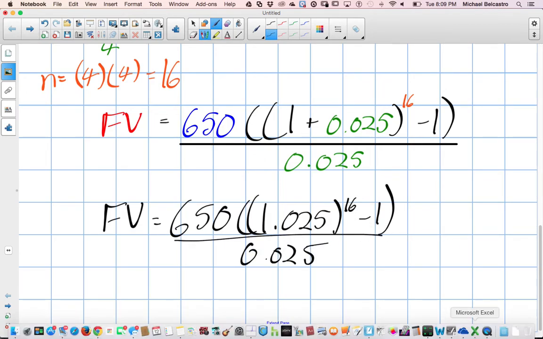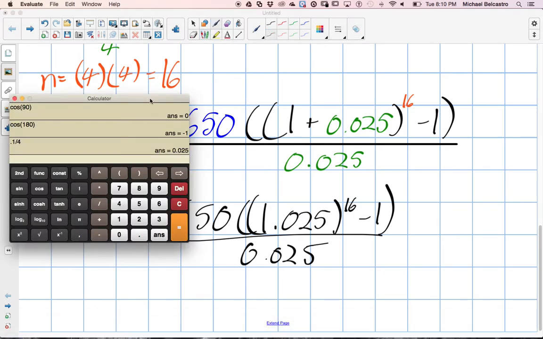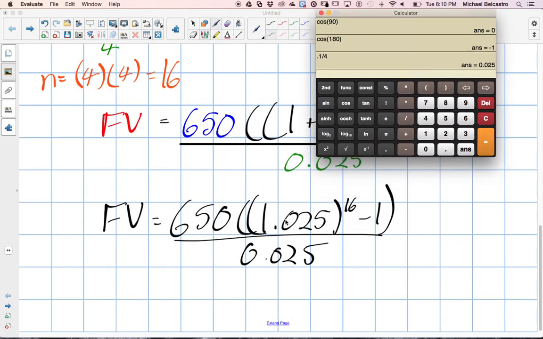Let's pull out our calculator here. The best way to think about this is to start at the innermost bracket. We start with this bracket, put it to the power, then subtract 1, then multiply by 650, and then divide by the number at the end. So 1.025 to the power of 16 gives us that value. I'm going to subtract 1 from that number.